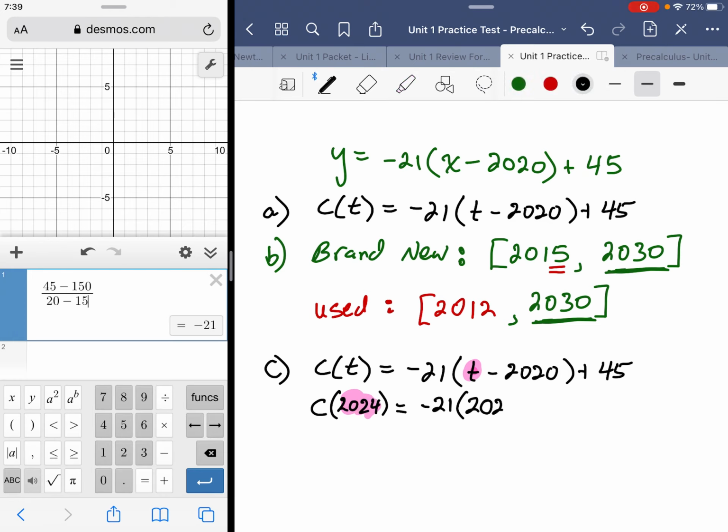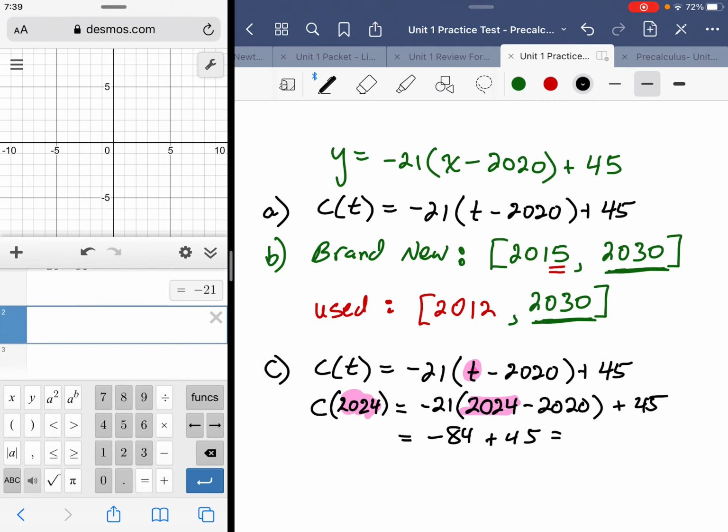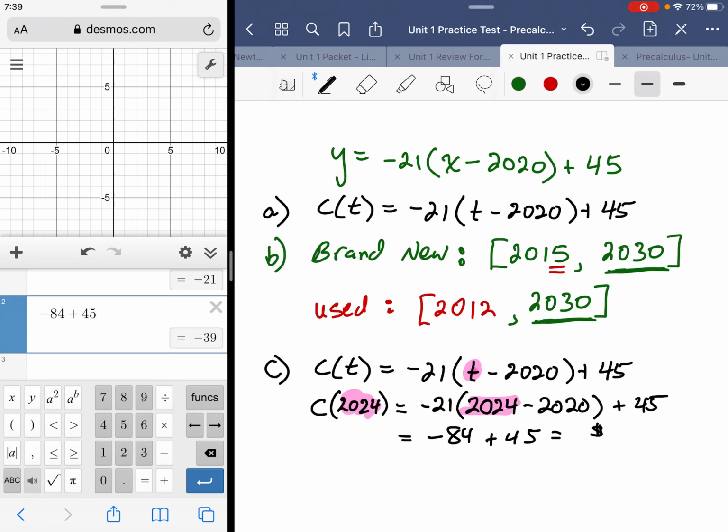So 2024 minus 2020. 2024 minus 2020 is going to be 4. 4 times negative 21 is negative 84 plus 45. He'll be lucky to get anything for this. Negative $39.